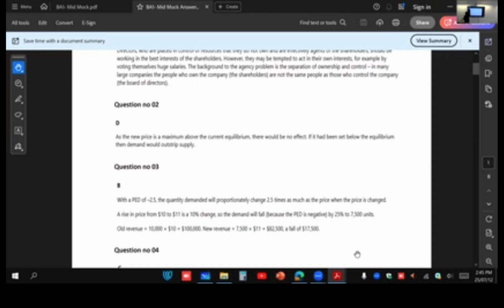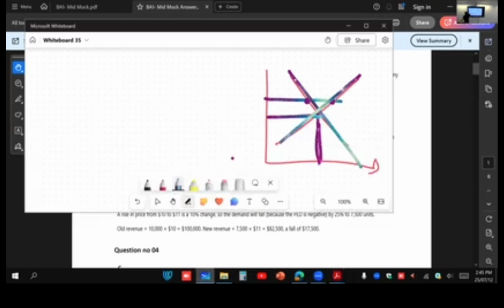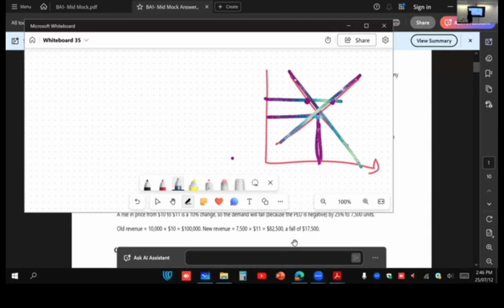If it had been set below the equilibrium, then the demand would outstrip supply. Why do you say so? You could have easily said, here the demand is less and the supply is high. You could have said that. Why does the answer say it's no effect? Why?